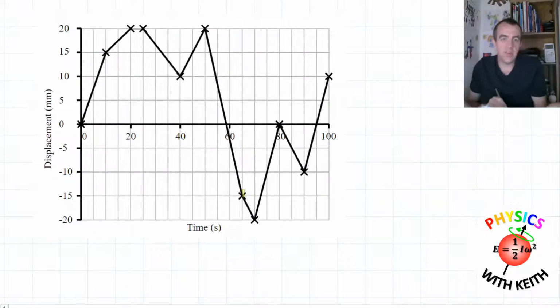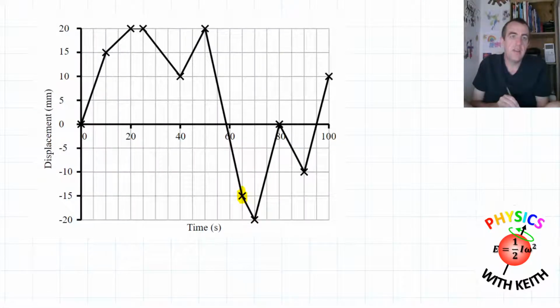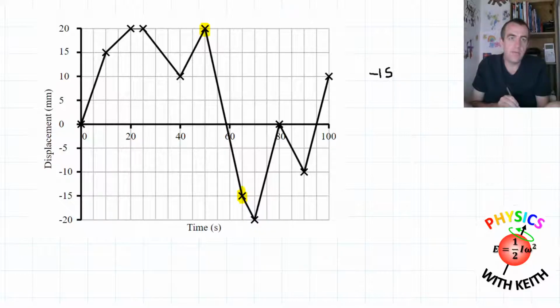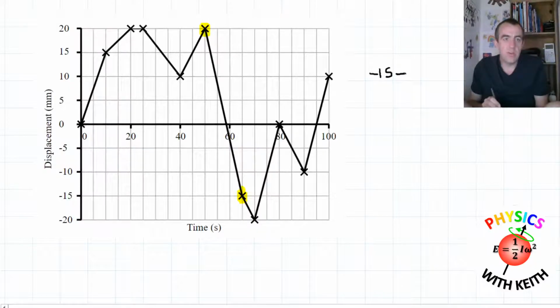The final displacement at the end of the leg of the journey is here, and that's going to be negative 15 meters. Now we have to subtract this initial displacement, which is here on the left, so we subtract 20. Just be careful of your signs here. Minus 15 minus 20. Then we divide by the time.